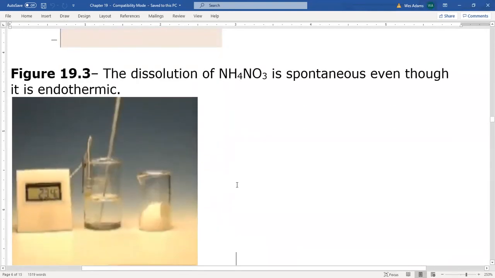Now, if you, for example, dissolve ammonium nitrate into water, the temperature will decrease even though the ammonium nitrate goes in. It's spontaneous, but endothermic, because you get a higher disorder dissolving the solid into the liquid. And I'll try to link in a video that shows this.